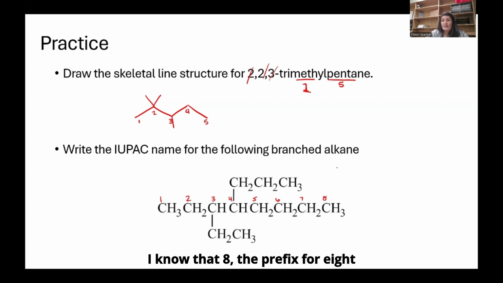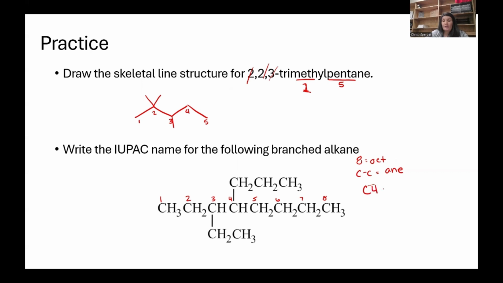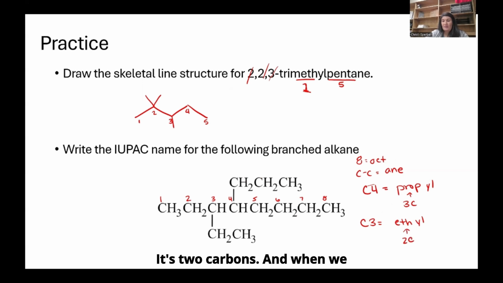I know that the prefix for 8 is oct. This is all carbon-carbon single bonds, so that's an alkane, so it's ane. I have a substituent on carbon 4. It's 3 carbons, so it's propyl. On carbon 3, I have 2 carbons, which is ethyl. And when we do this, we're going to write it in alphabetical order.